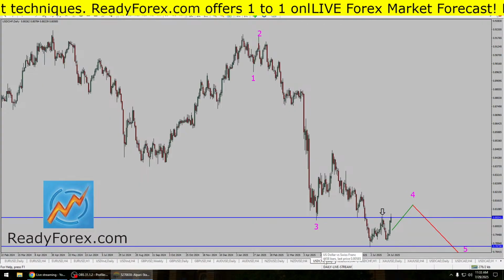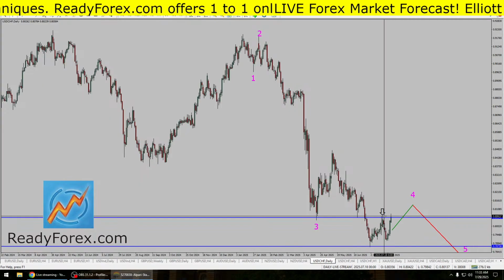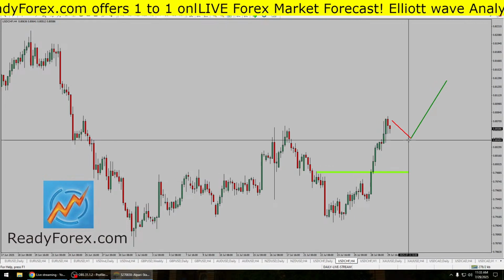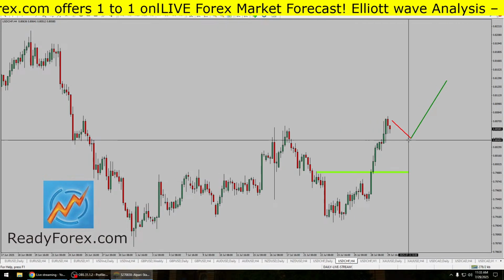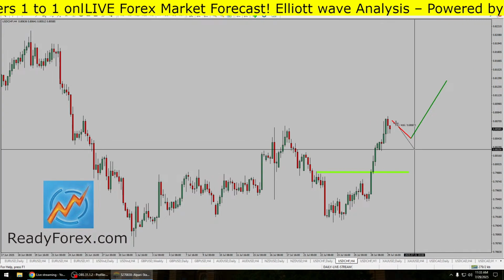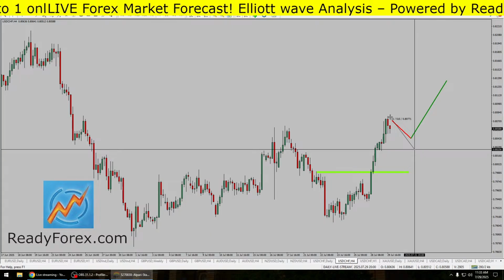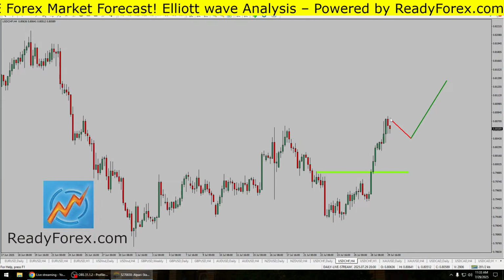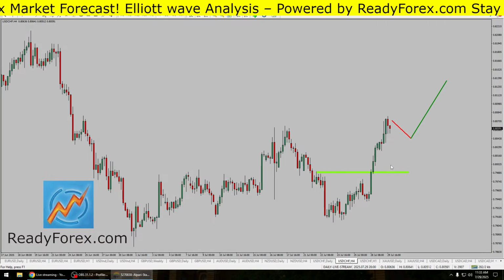Next one is the US dollar Swiss franc. We got this bullish breakout over here, and the way I see it, the market just started this decline. So if US dollar Swiss franc is going to drop on a short-term basis, like 50 pips, 60 pips, expect a bullish leg in euro dollar, because these two currency pairs move against each other.